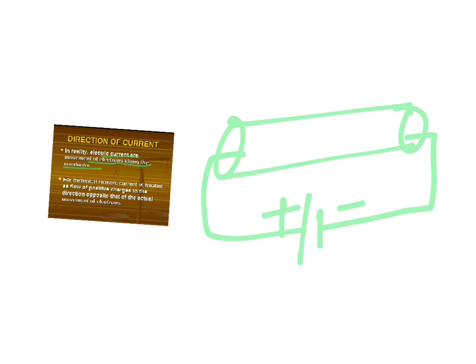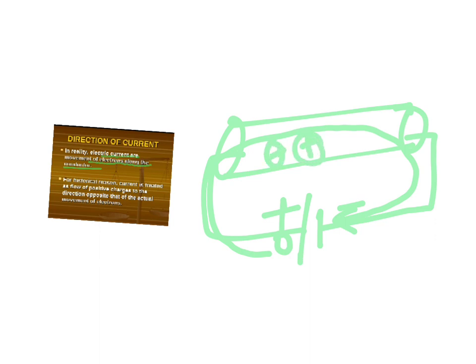That is, charges start from the positive side and move toward the negative side, and here some positive charges are generating the electric current. So it was considered that the direction of current is from the positive side to the negative side. This was conventionally, historically, believed.